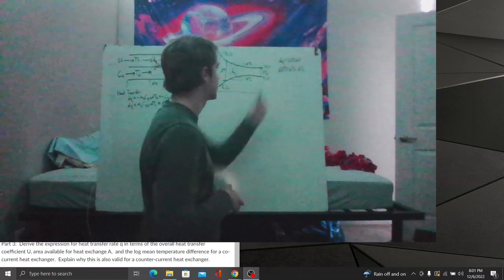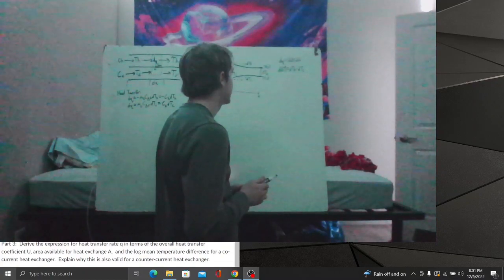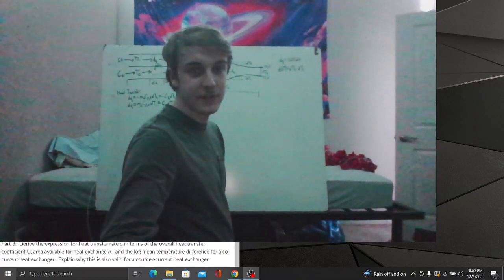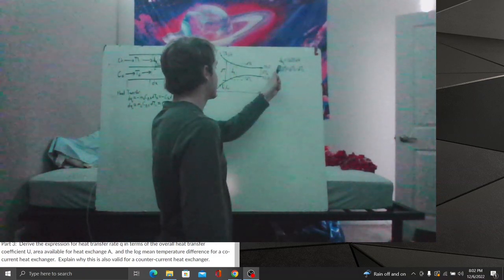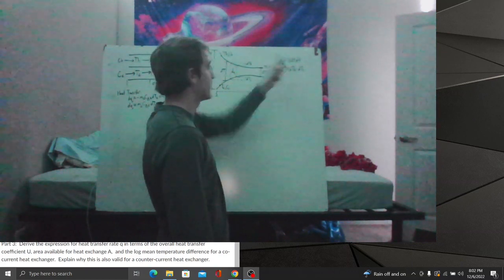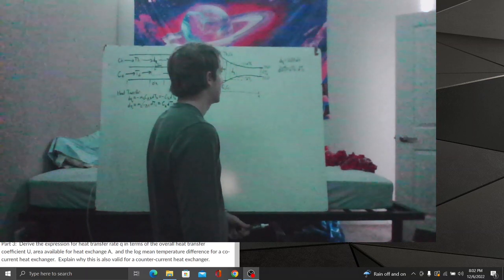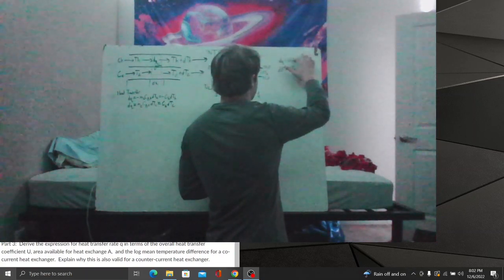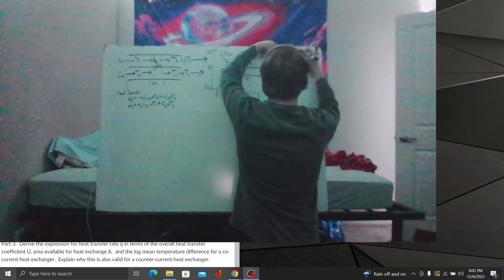So now, as you can see over here, we can have the problem in terms of that heat transfer coefficient U. So we have that the change in heat is equal to that heat transfer coefficient U times the change in temperature times, I'm going to switch this to capital, makes me think of time when I have it lowercase there.